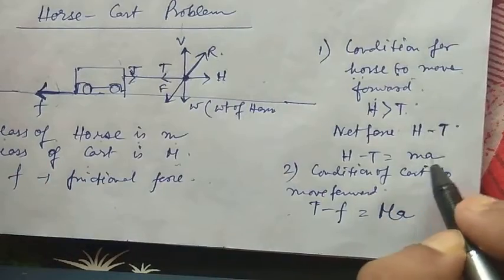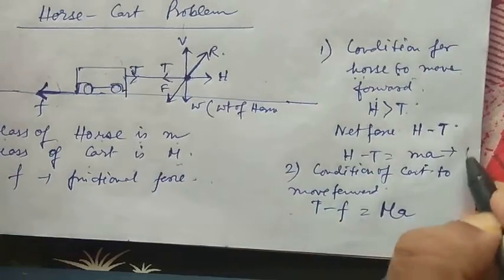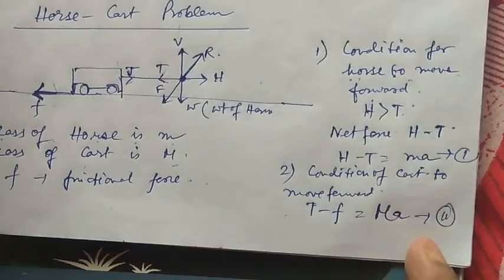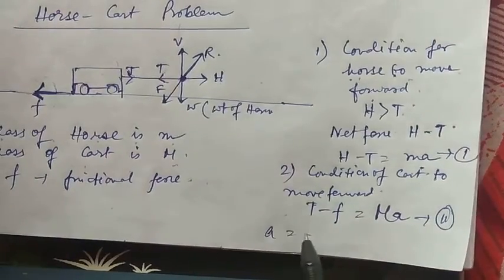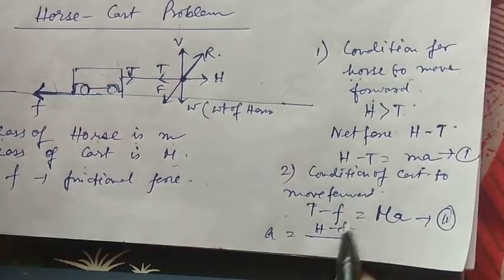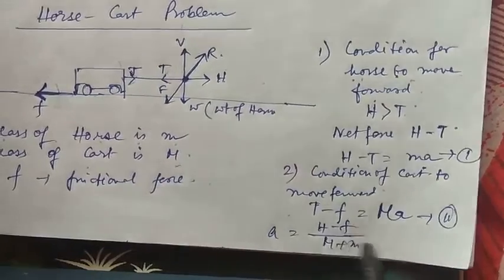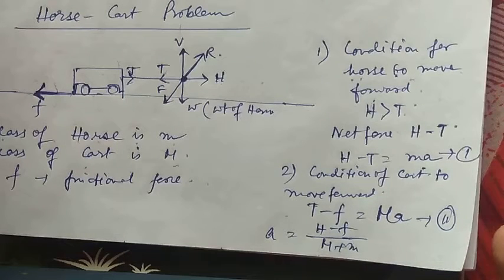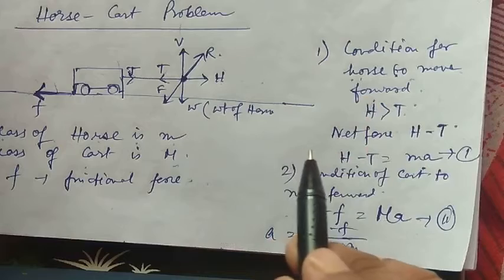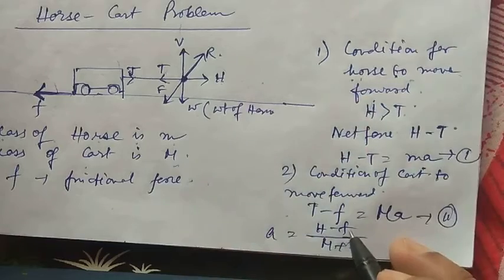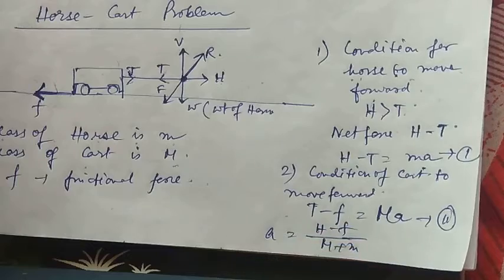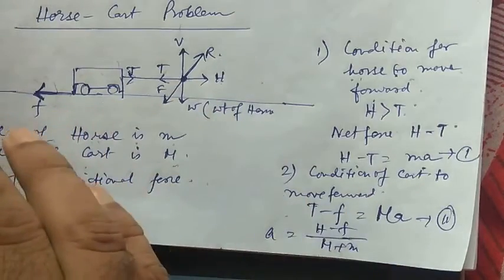Now solving these two equations, H minus T is equal to ma, first equation, and T minus F is equal to Ma, we get a is equal to (H minus F) divided by (M plus m). And you can also find out the value of T, but that is not asked in the examination. They ask to find the value of acceleration of the horse cart.